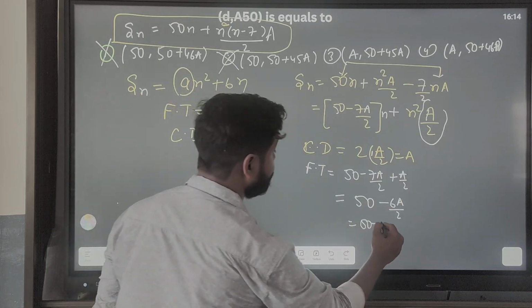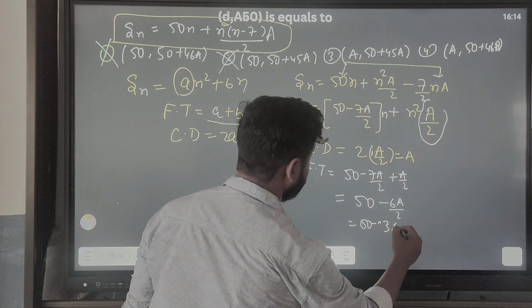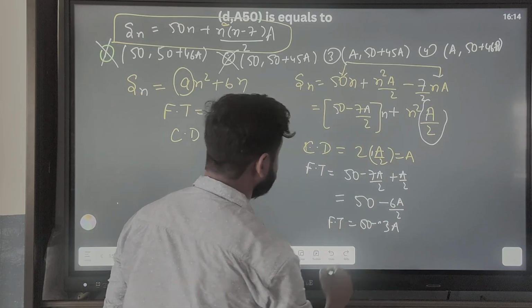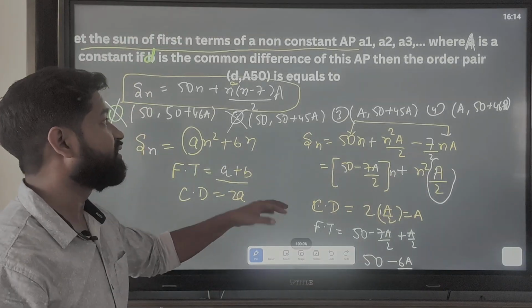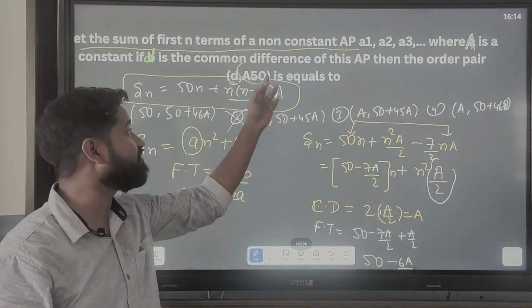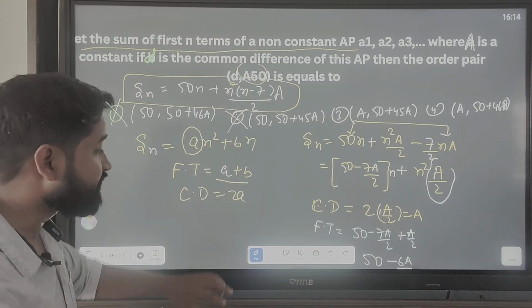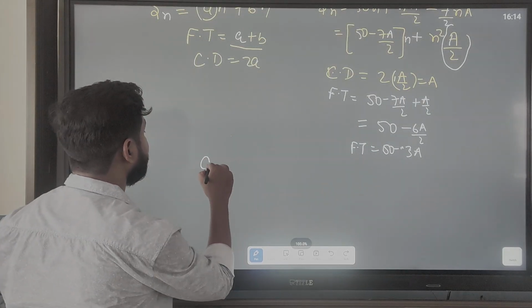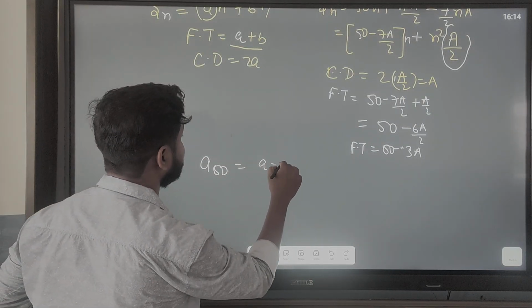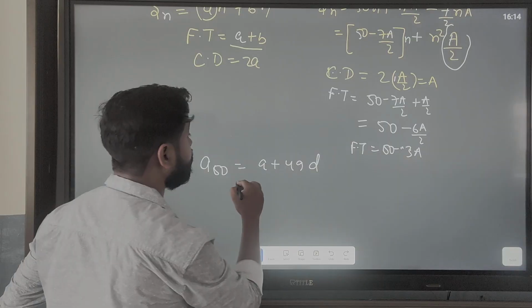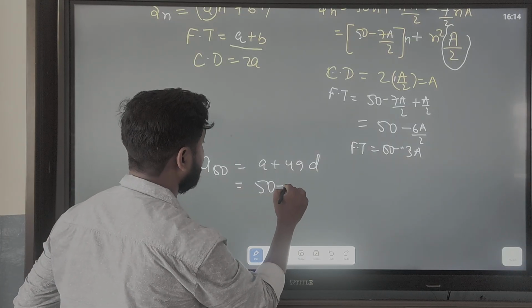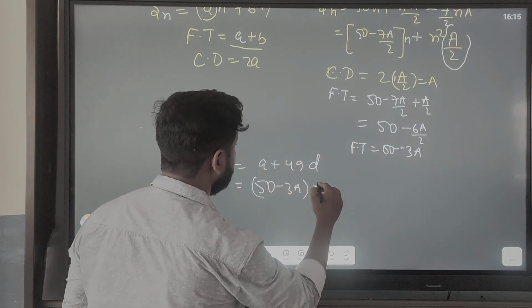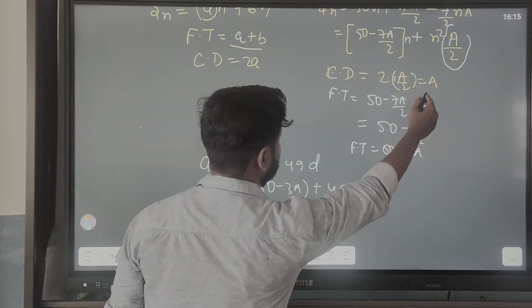But if you see, none of the options are like that. That's the reason they are asking for the 50th term, not the first term. We know how to find the 50th term, that is a plus 49d. So 50 minus 3a plus 49 times the difference, which is a.